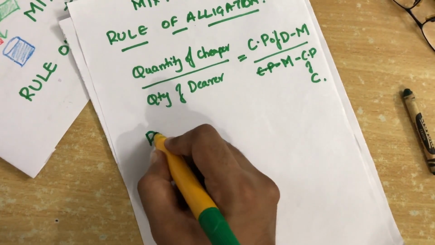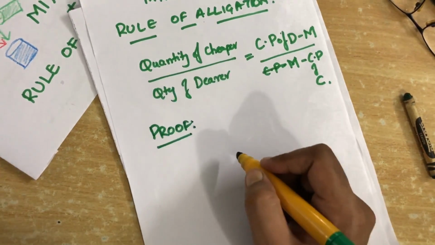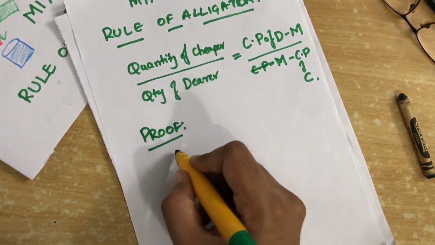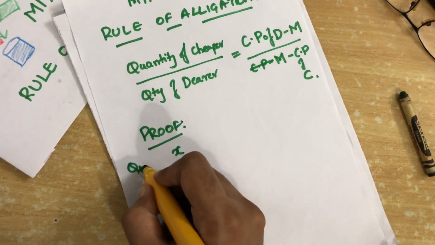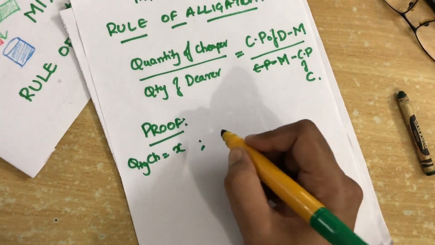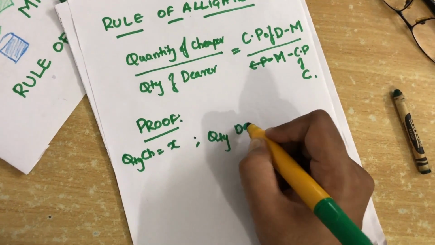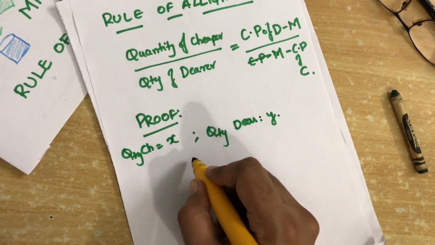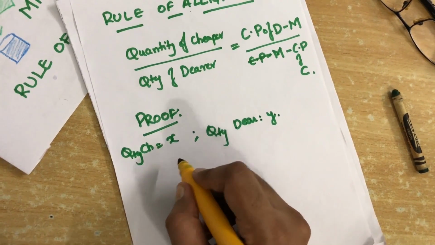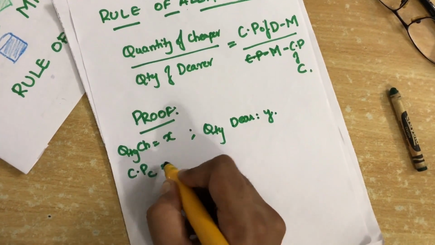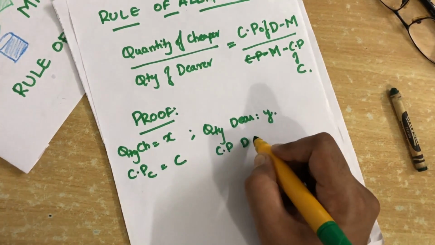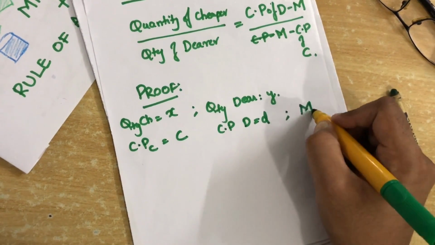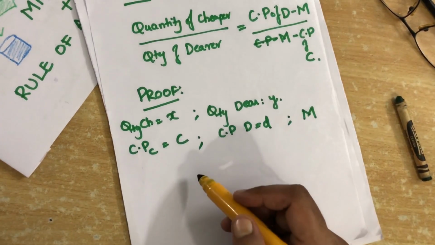Let us assume that the quantity of cheaper is X, QTY cheaper, and the quantity of dearer is Y, and the cost price of cheaper is C, and the cost price of dearer is D. And let me assume that M is the mean price, just like this.